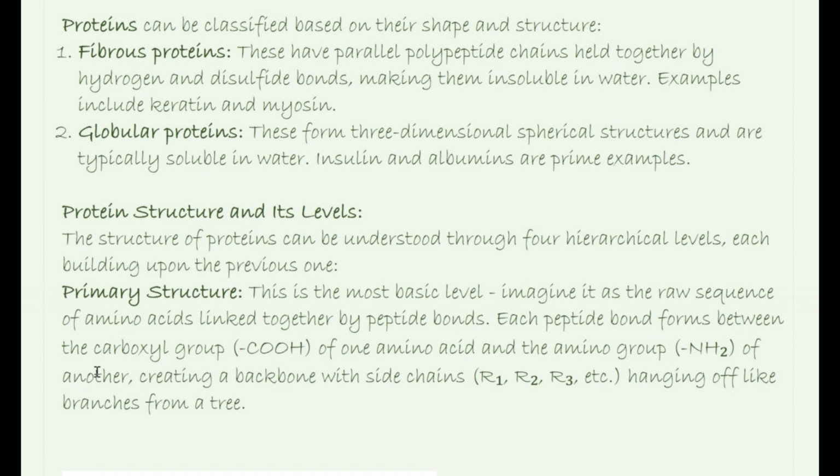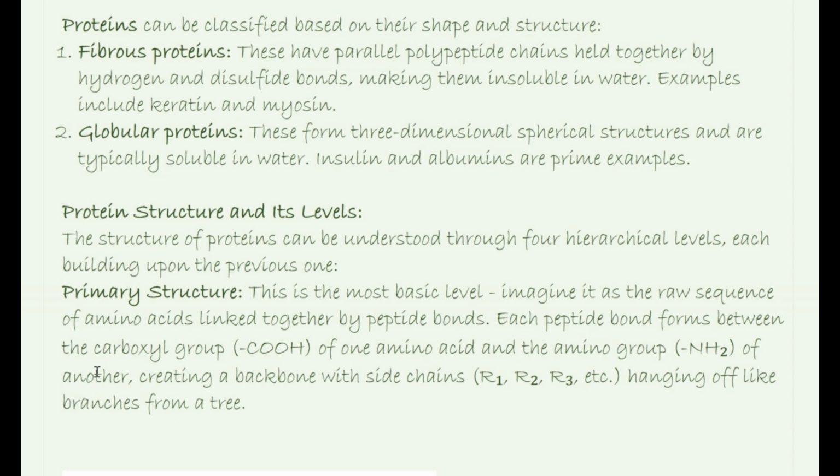Next, our concept is types of proteins. We know that proteins are built up of peptide chains, and peptide chains are formed between amino acids. Amino acids are nothing but which are having COOH group and NH2 group. Okay, clear. So now we'll talk about proteins. Proteins can be classified into two: fibrous proteins and globular proteins.